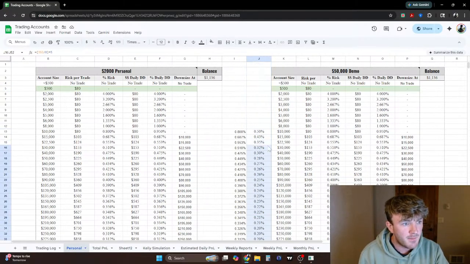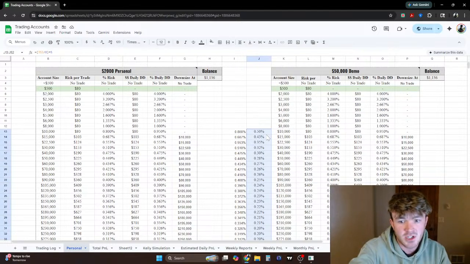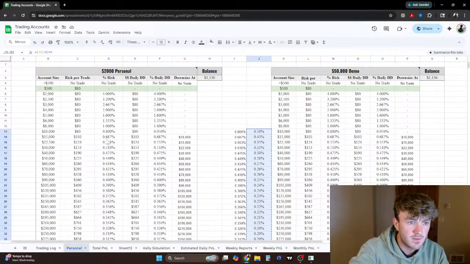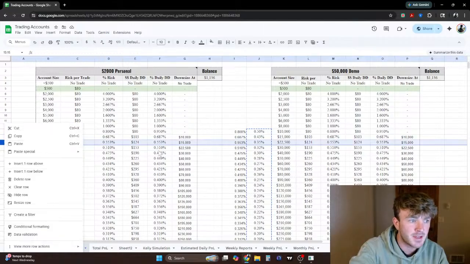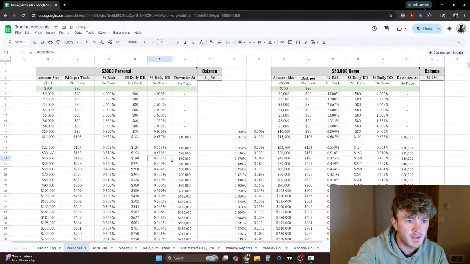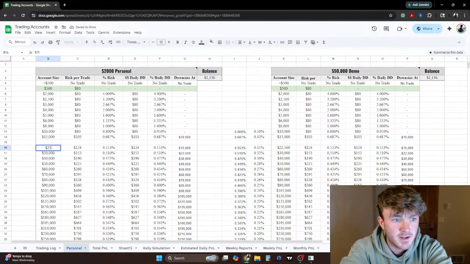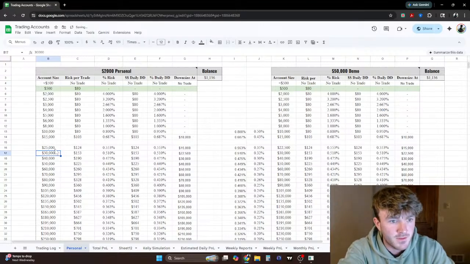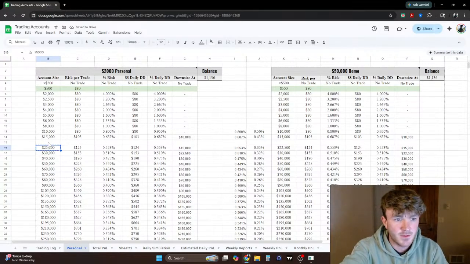So my scaling plan is I'm going to adjust it, and I'm going to keep this at 80. And I'm going to make a new tier. I'm going to make a new tier for 25,000 and then a new tier for 20,000.